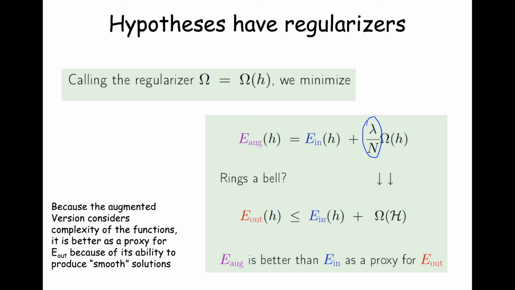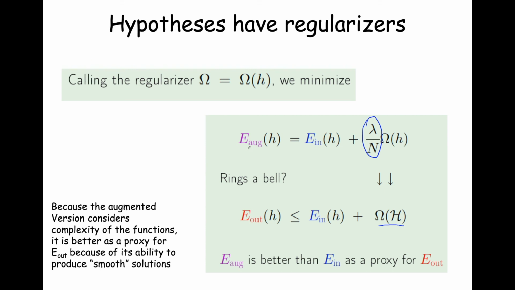Before we talked about out-of-sample error, and we looked at the relationship between in-sample error and out-of-sample error through a complexity measure, and that complexity measure was over the hypothesis set. And that's what we arrived at when we talked about the VC bound. The VC dimension talks about the complexity, or the descriptiveness, as it were, of the hypothesis set. And so here we said E_out is related to E_in, bounded from above, including this complexity term. And likewise, we say augmented error is better than E_in as a proxy for out-of-sample error.